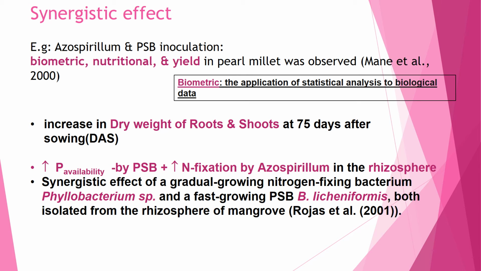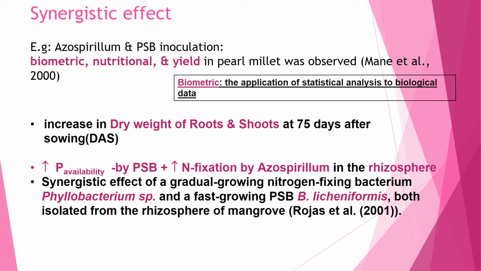And nutritional value usually refers to NPK, macronutrient, and also micronutrient increase in the content. Okay, yield, of course, more crop yield will be observed. And then when they compare against the control, it is found that the one inoculated with this mixed azospirillum and PSB has increased the dry weight of the root and the shoots at 75 days after sowing.